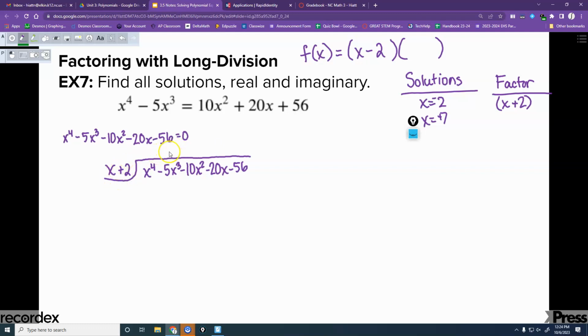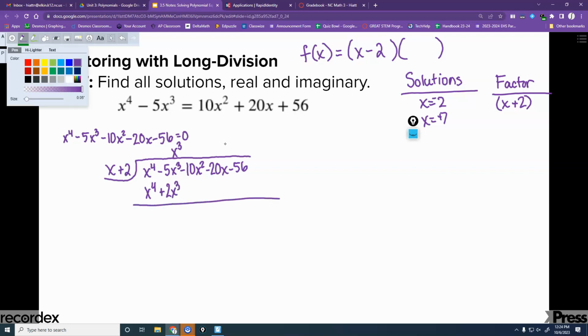So what times x would give us x to the 4th? If I'm trying to get x to the 4th, I need an x to the 3rd. Because x to the 3rd times x to the 1st gives me x to the 4th. I also have to do x to the 3rd times 2. So I'll get 2x to the 3rd.